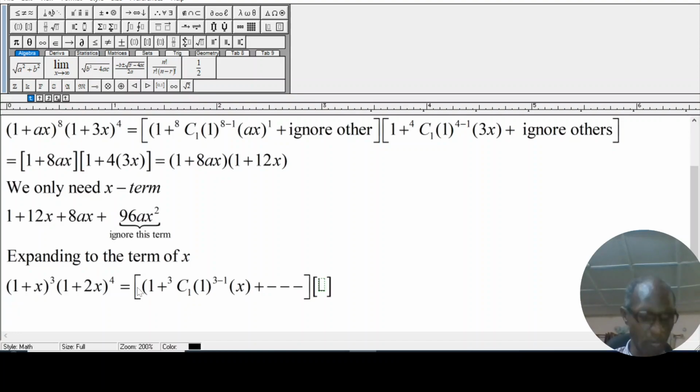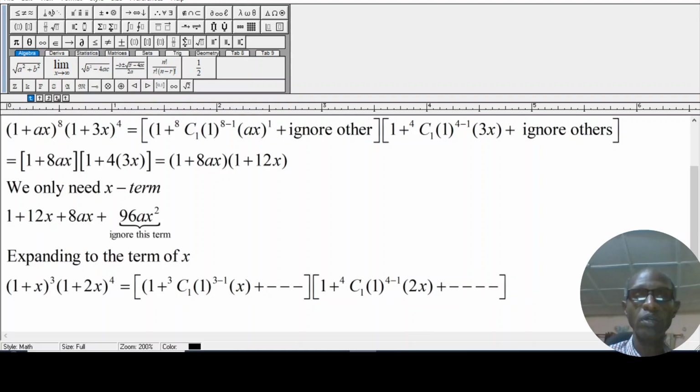The next one we have is 1 plus 4 combination 1, this is 1 raised to the power of 4 minus 1, then 2x. We don't need the other terms. We can ignore them.